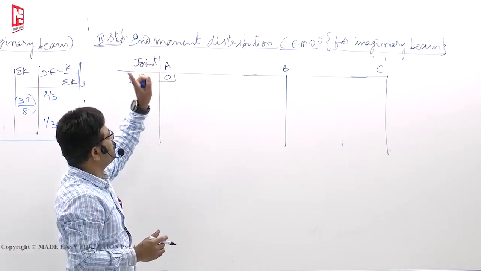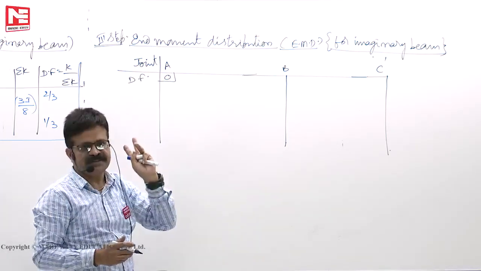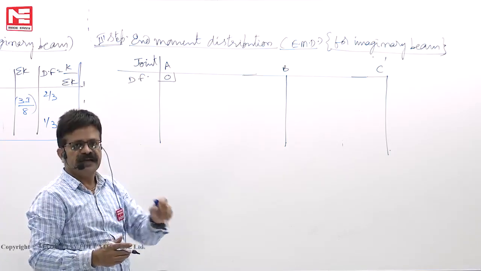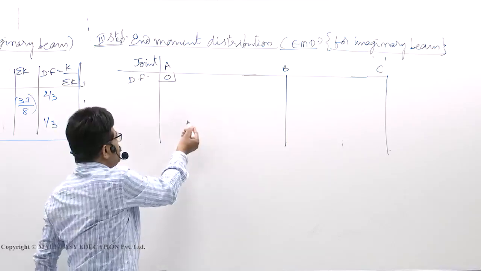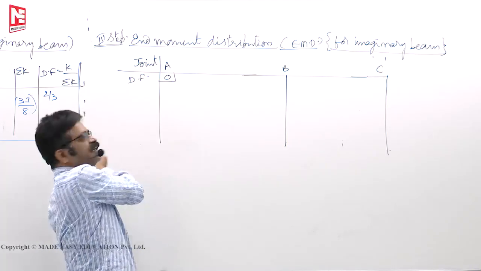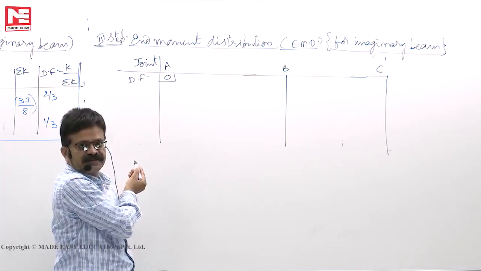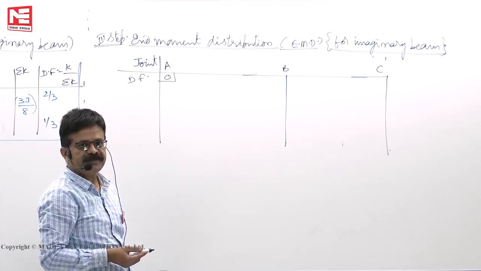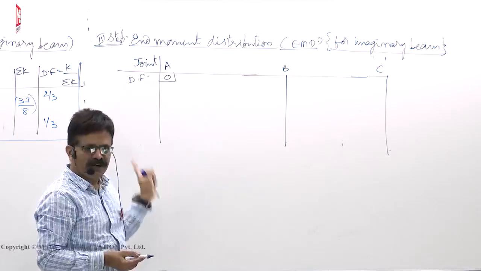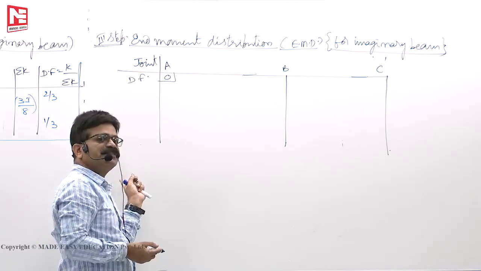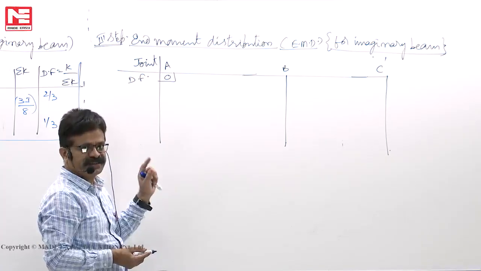Any joint, whether you take fixed support or anything, equilibrium must be satisfied. At the fixed support also equilibrium must be satisfied. So once we say AB span minus 10, then at A the wall should be plus 10. Sum must be 0. Otherwise minus 10, who will give it to the beam? The wall only should give. That means on the wall it will act in the reverse, opposite direction.